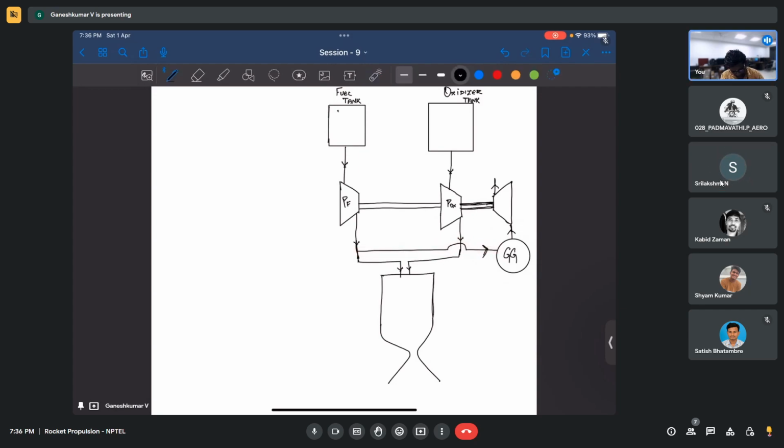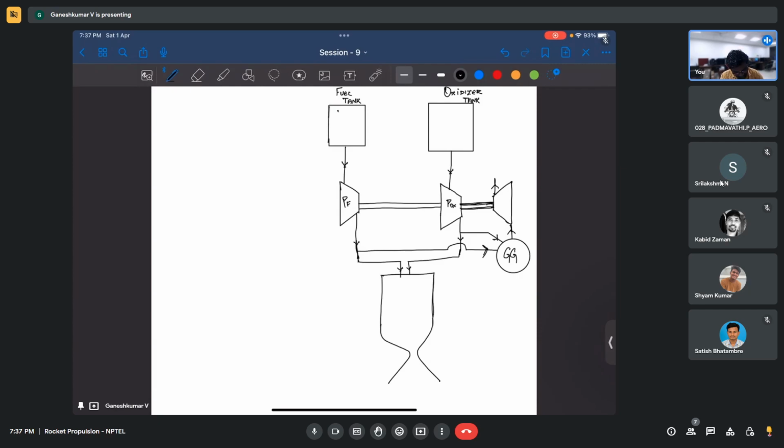Yeah. So what happens? Chemical reactions are going to happen in the gas generator too, right? So fuel and oxidizer get mixed in the gas generator and combust, and the temperature is going to be high, and then the high energy gas is going to drive the turbine, right?